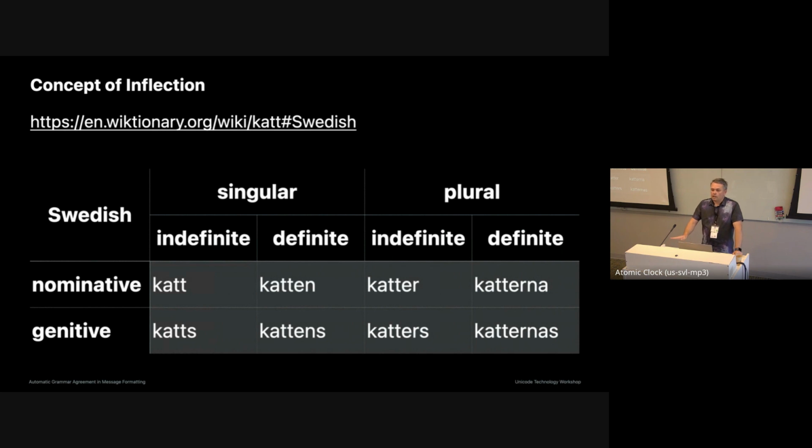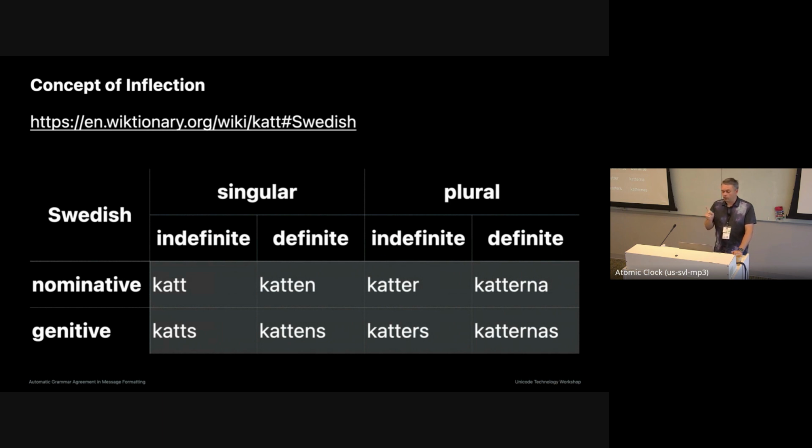And what I may want to do is not specify every single grammatical category. That can be very tedious. But what I could do is provide just a given word. Let's say I start with cat, and I just want to make it definite. It'll be katten. If I want to turn cat into the plural definite, it'd be katterna. And please excuse me if my pronunciation is bad for Swedish. It probably is.